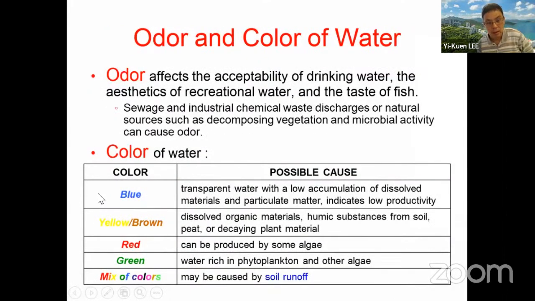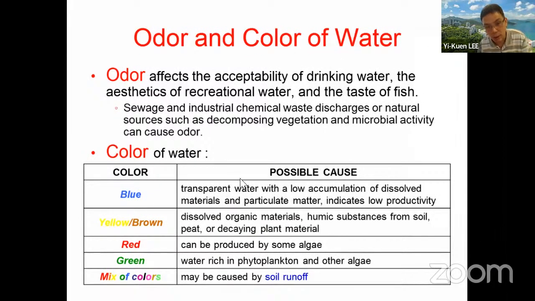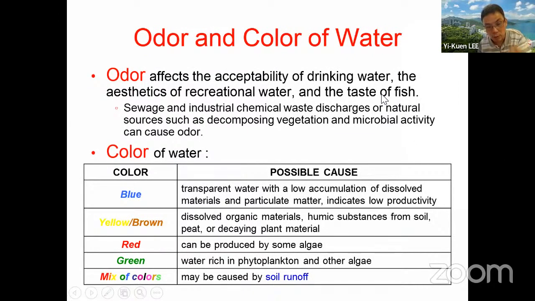In general, we look at the color of the water as at least simple evidence to see if you have some pollution. Do you understand? Different colors of water may imply different types of pollution. So this gives you a simple way. Of course, in water engineering, we may use much more sophisticated sensors or equipment to measure water quality.